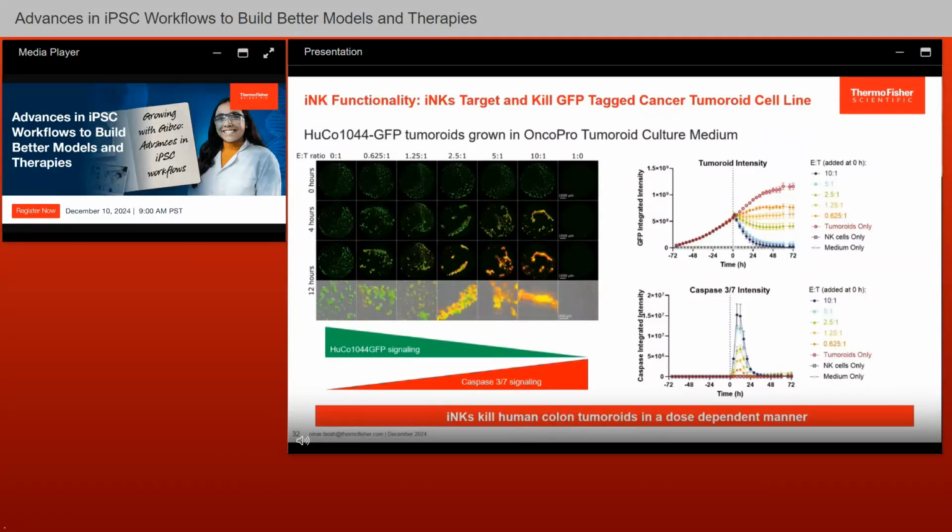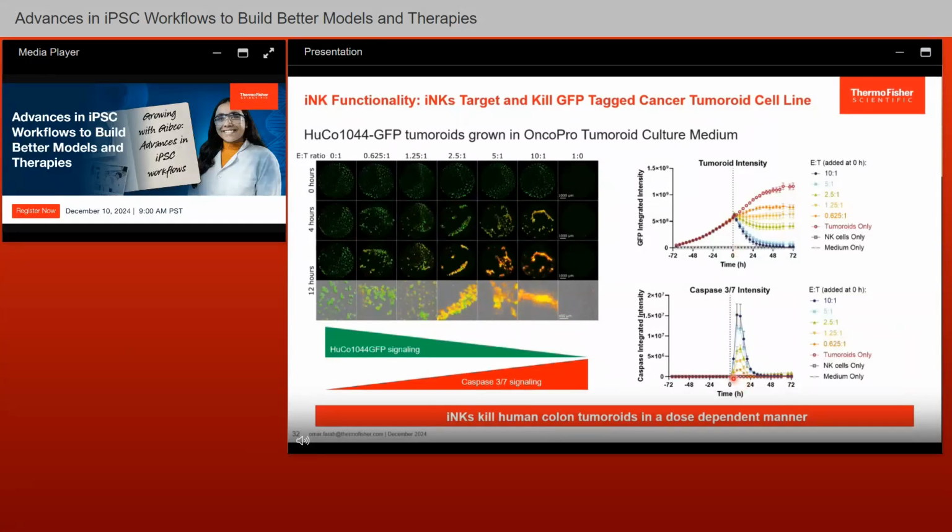And so the goal here was to assay what is the cytotoxic activity that these effector cells, being the iNKs, can place on these target cells, our tumoroid GFP positive cells. And so you can see that the GFP signal from the colorectal tumoroids, visualized in green over here, significantly drops as soon as we add in our iNK cells to the culture system.